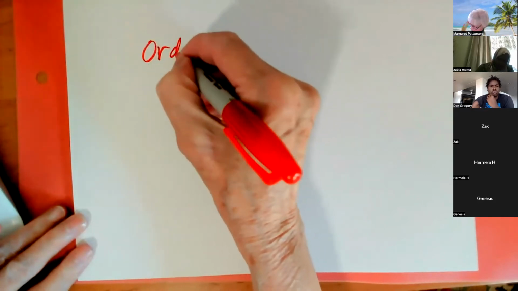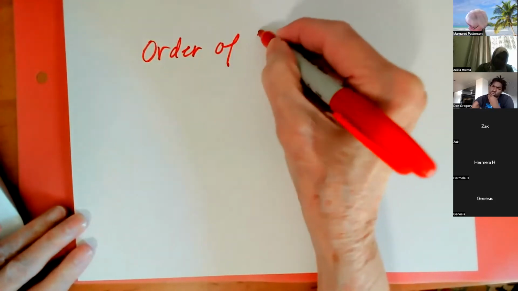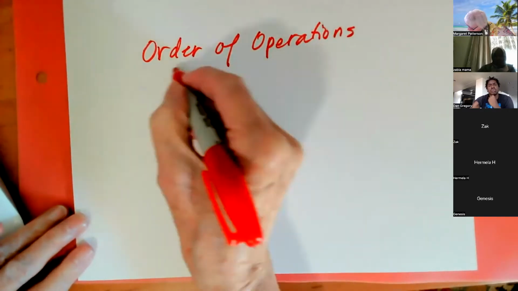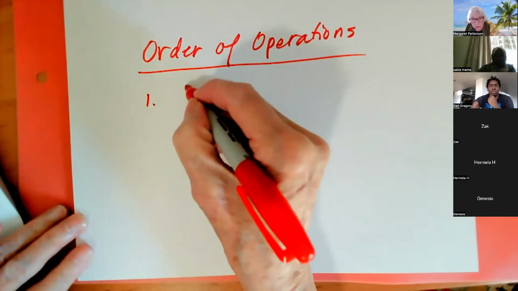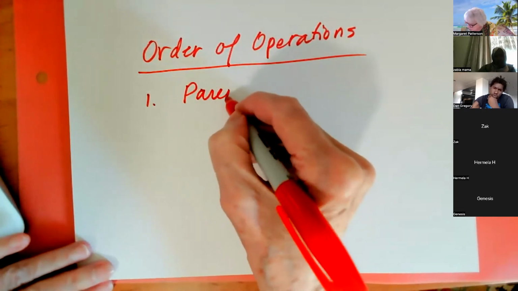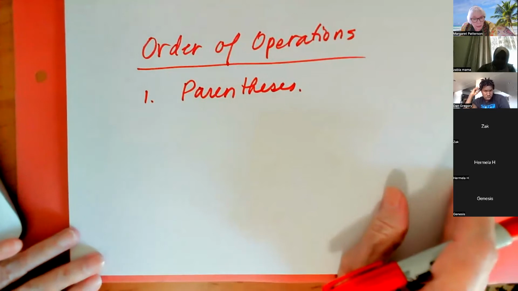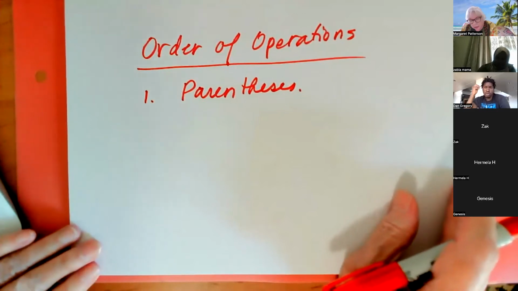Here's the list, order of operations. Number 1, parentheses. Okay? And it also has to do with fraction lines.